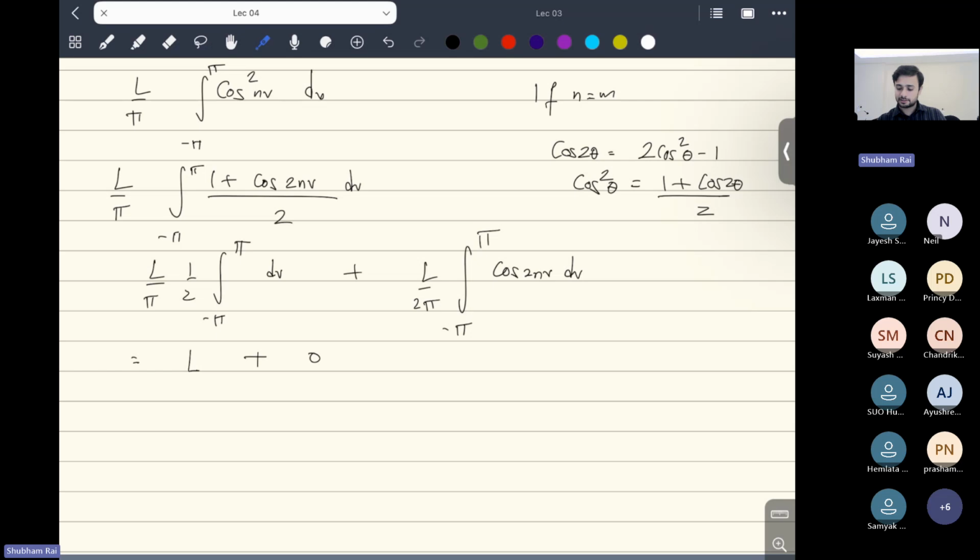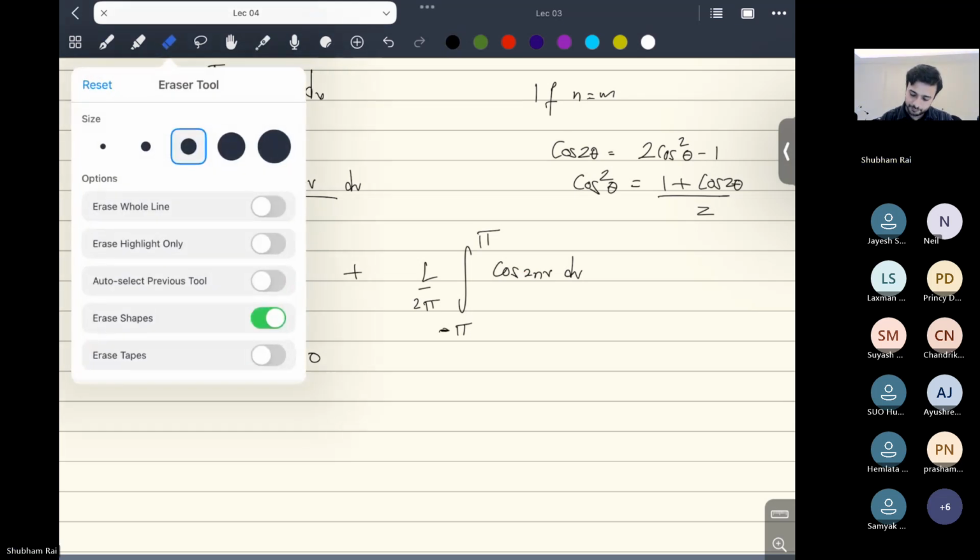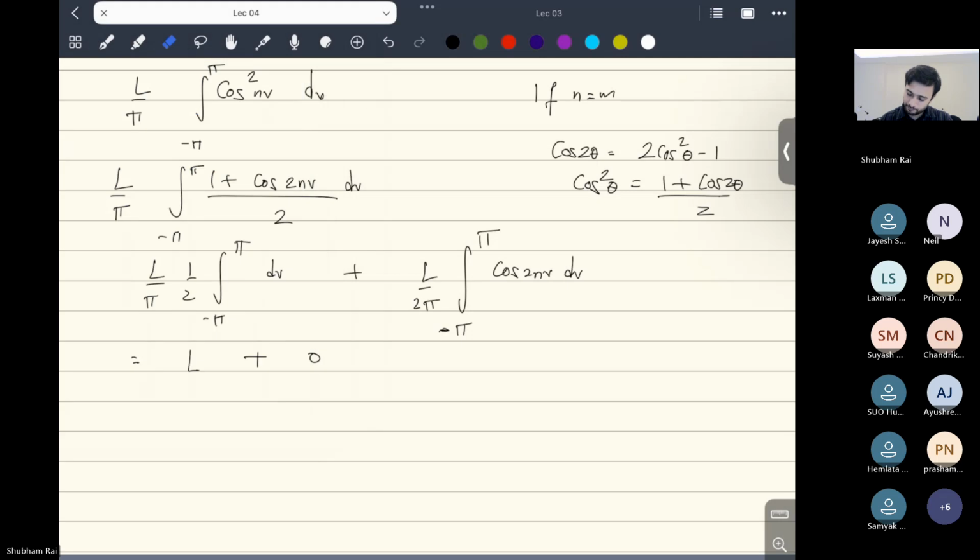This is 0, you can just see, because its integration will be sine 2nv by 2n, and sine of 2n pi, from minus pi to pi, will be 0. That's why this will go to 0. So finally, you will get L here.